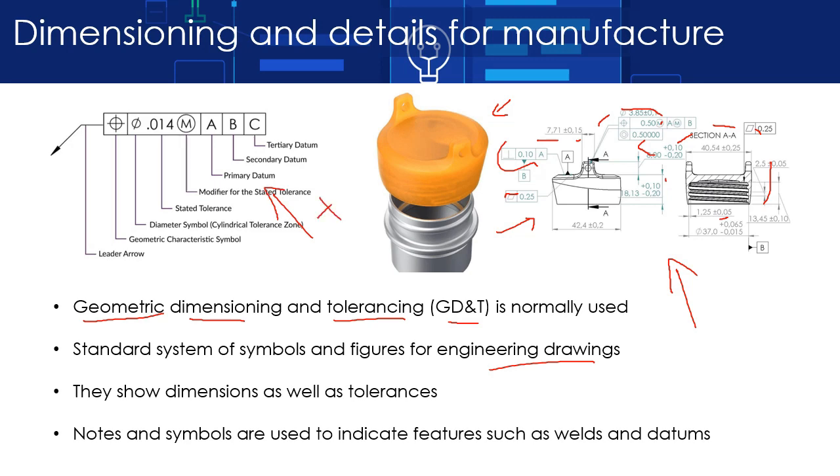You don't need to know it, but it might be good to have an awareness of geometric dimensioning and tolerancing as a good way of controlling quality, as a good way of ensuring accuracy, because they show dimensions as well as tolerances. Remember, a tolerance is a plus or minus, and then you would give some kind of measurement to say the part can be plus or minus whatever, and it would still be a functional product.